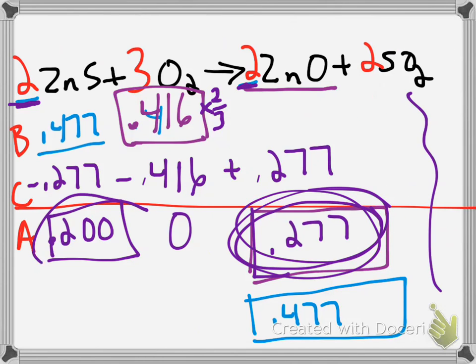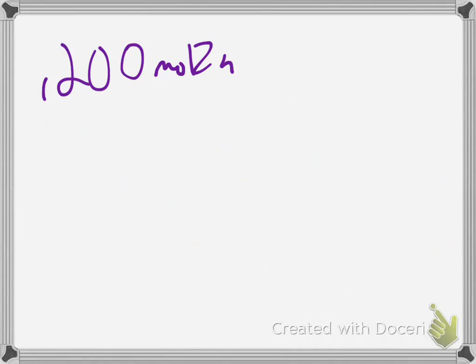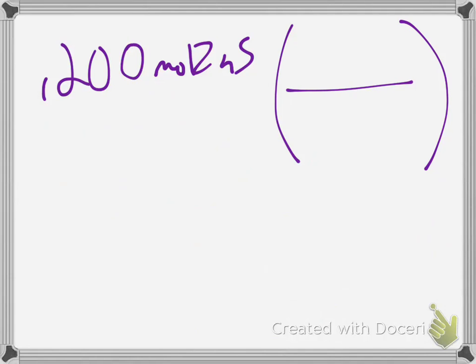Going back here, this is our excess reactant, 0.200 moles of zinc sulfide. So again, we got to convert that back now. So 1 mole of this weighs 97.5 grams.